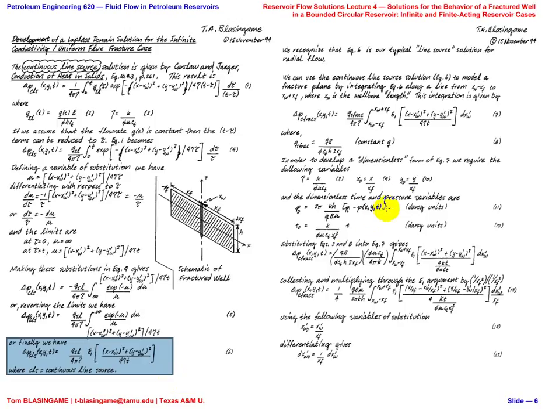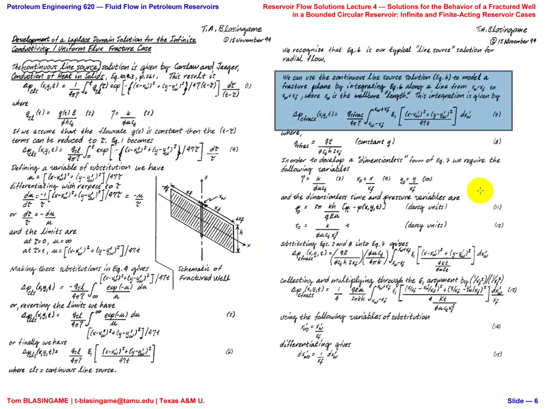So now what we're going to do is integrate it across a line, and we're going to create a plane. So in this case, it becomes the pressure drop in the fracture, and we have to define the rate in the fracture, which is slightly different because it references a different reference length.